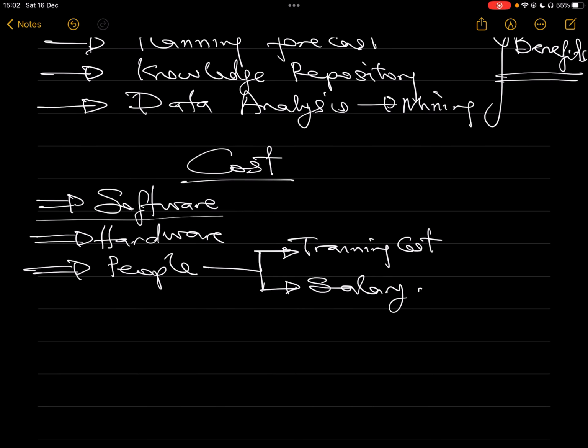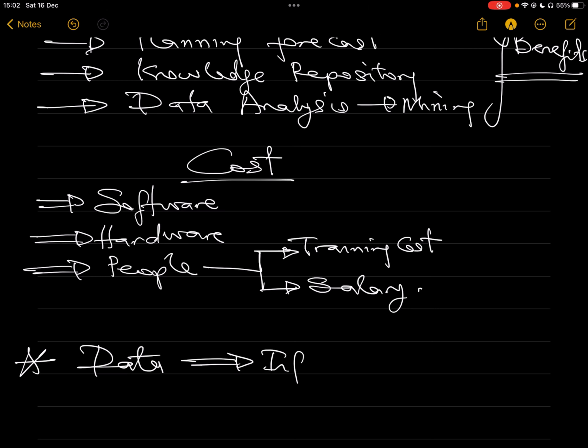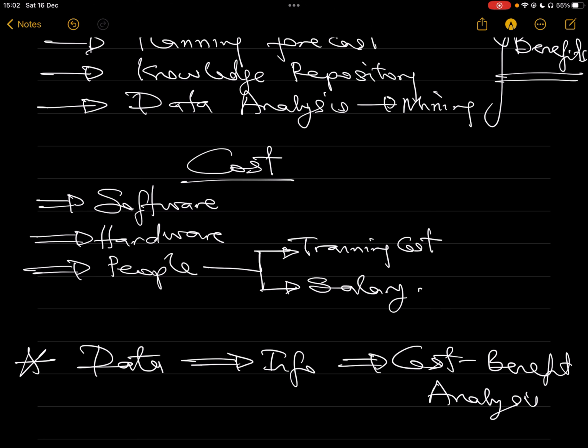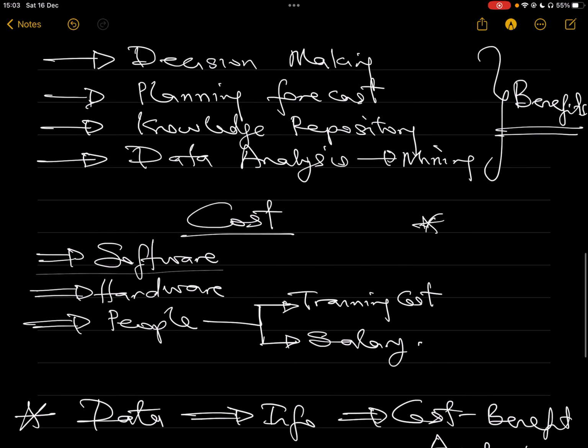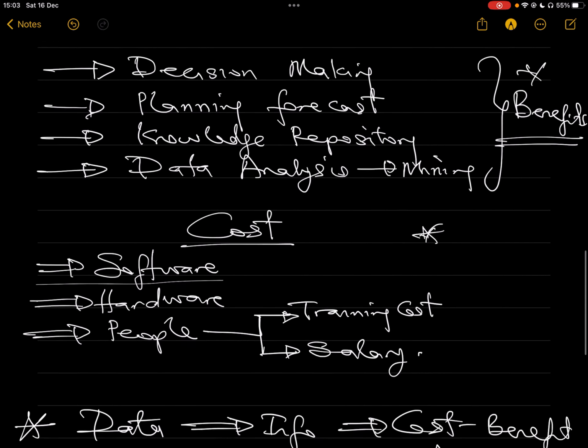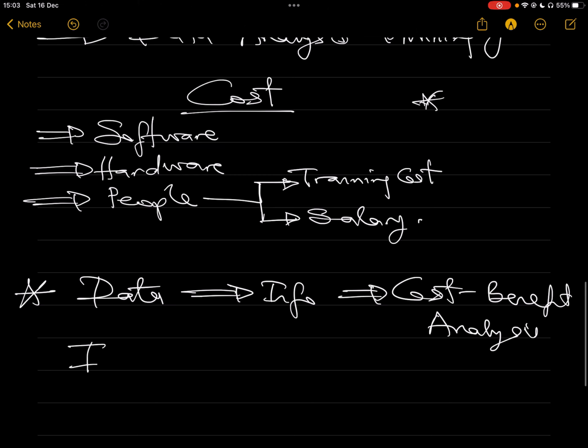So there's a cost. And that is why, very importantly, before data is converted into information, an organization must do what we call a cost benefit analysis. What they are doing here is comparing cost with these benefits and asking, is it worth it?